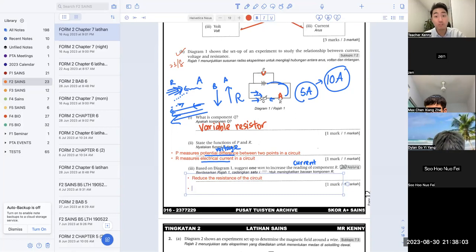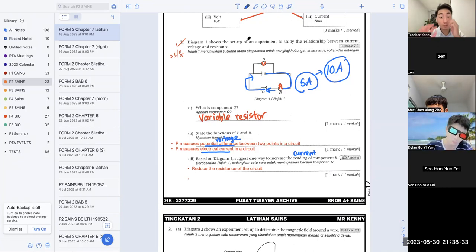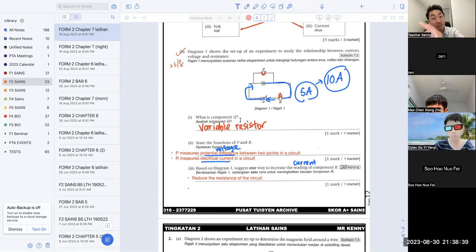Can anyone tell me what I can do with voltage? Imagine, guys, A is the current. You're moving, go and come back. Voltage is the push. So what do you do to push stronger, so they move faster? Exactly, Dylan. Add more batteries. When you add more batteries, you're adding more voltage.